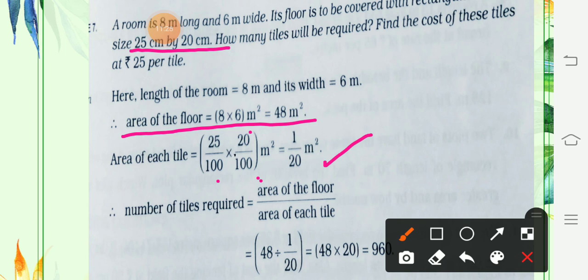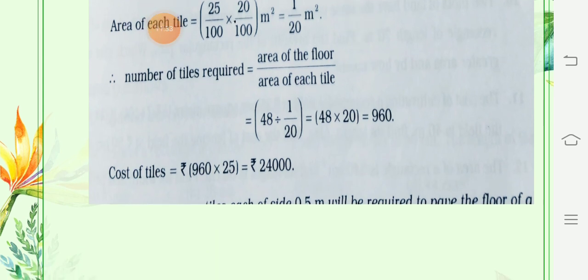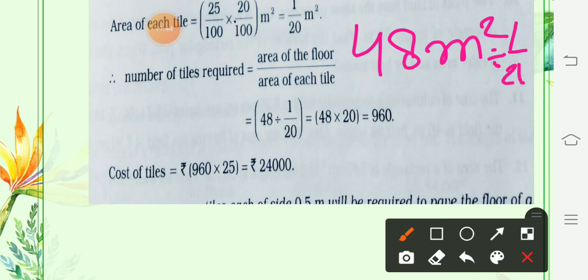Number of required tiles is equal to area of floor divided by area of each tile. So students, look at it very carefully. Area of floor is equal to 48 meters square and we have to divide by area of tile which is 1 upon 20 meters square.